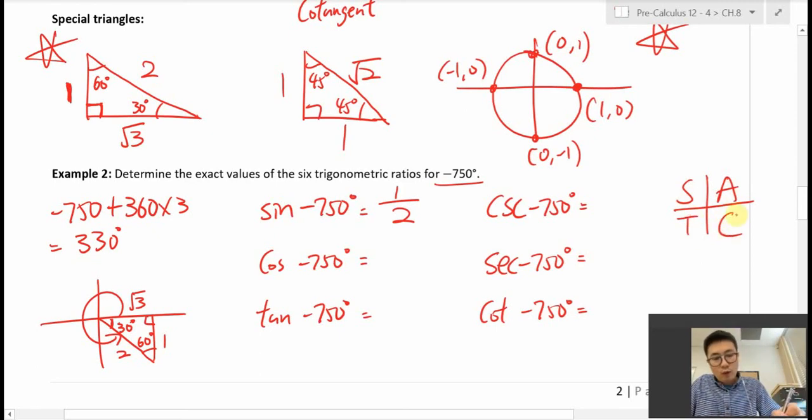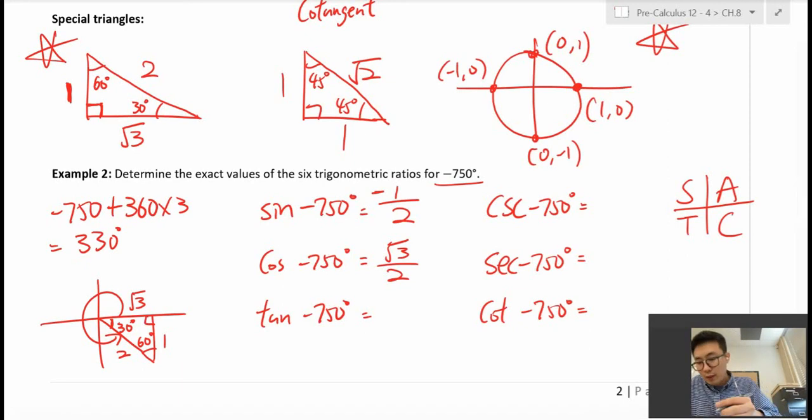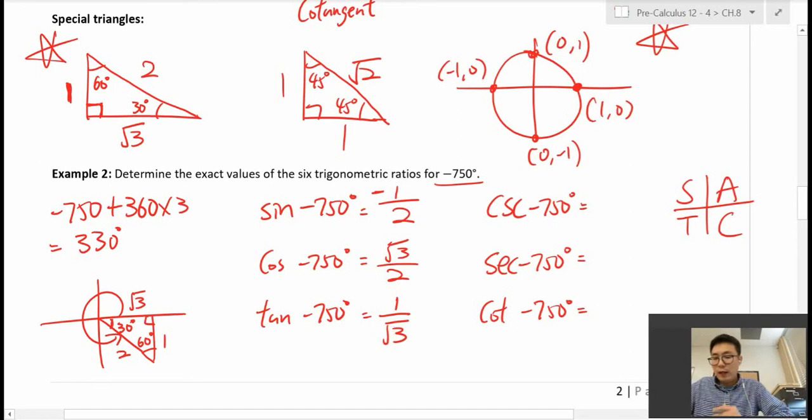In the fourth quadrant only cosine is positive, so the answer is negative 1/2. For cosine, the ratio is adjacent over hypotenuse, so root 3 over 2, and because we're in the fourth quadrant, cosine is positive. Finally, tangent is opposite over adjacent, so that's 1 over root 3, and in the fourth quadrant tangent is negative, so the answer is negative.